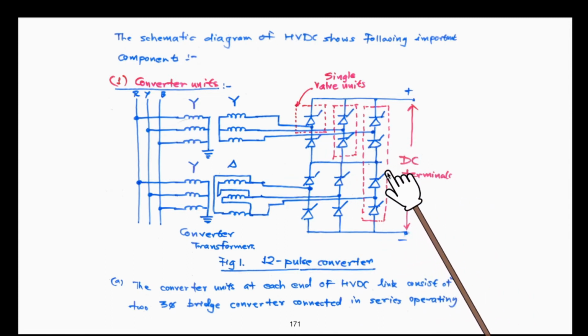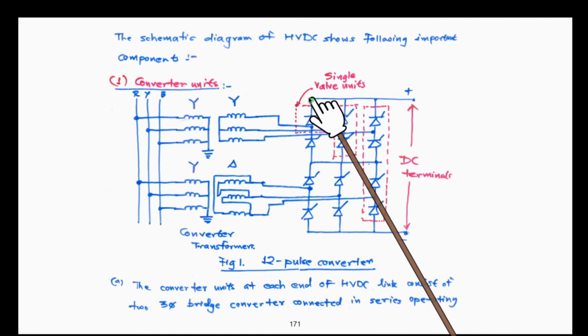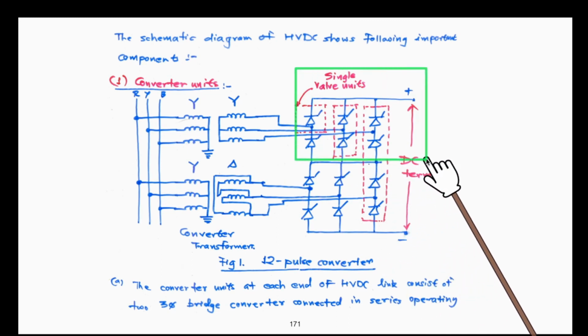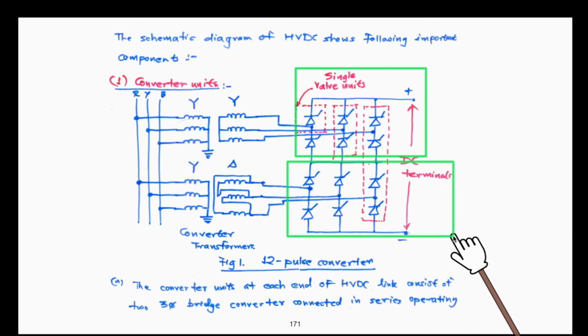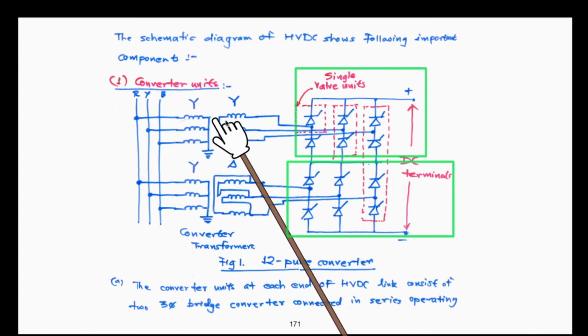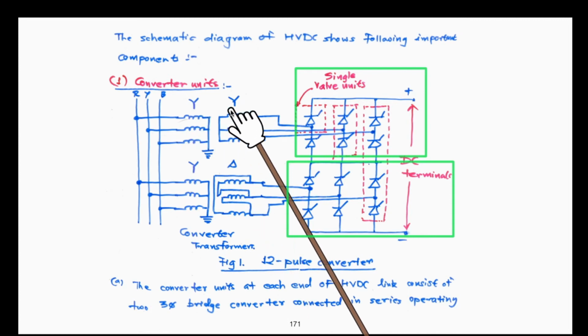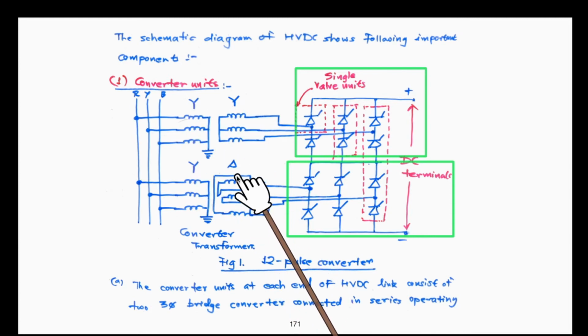Please remember, as I told you, that there are actually 2 three-phase converters. One is this, right, and the second is down at the bottom. These two are connected in series. Naturally, both will be receiving supply from three phase. So from three phase, one of the units will receive supply from a star star transformer, the other will receive from a star delta transformer.